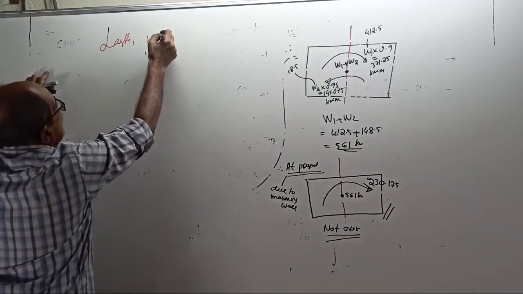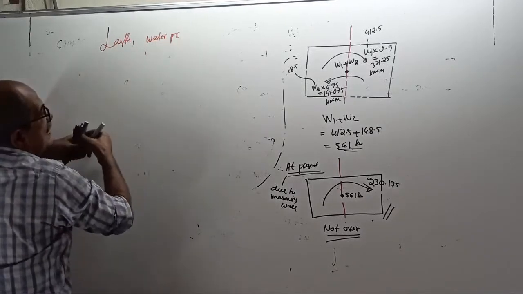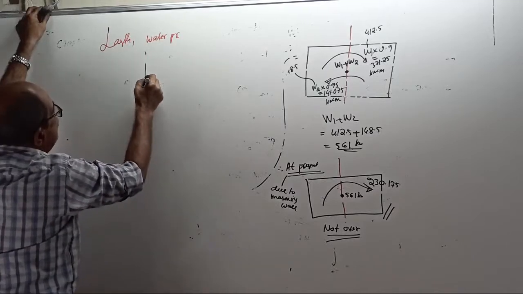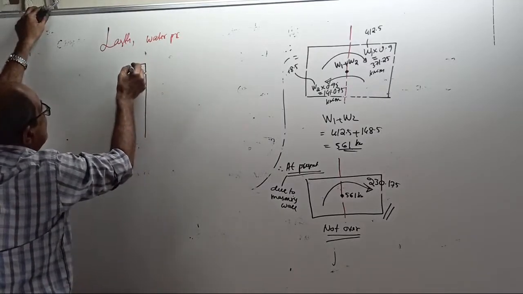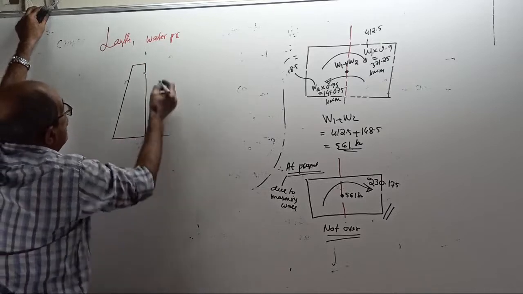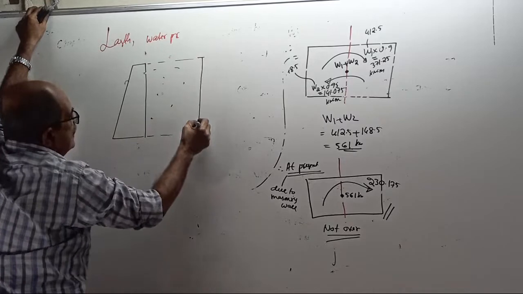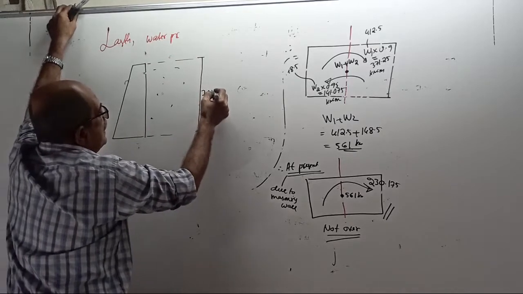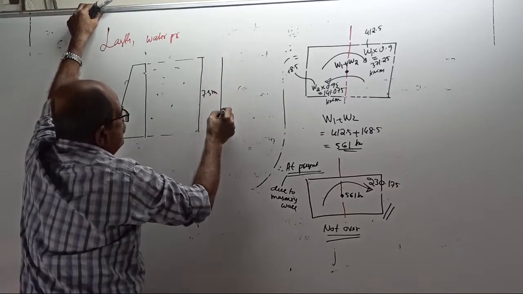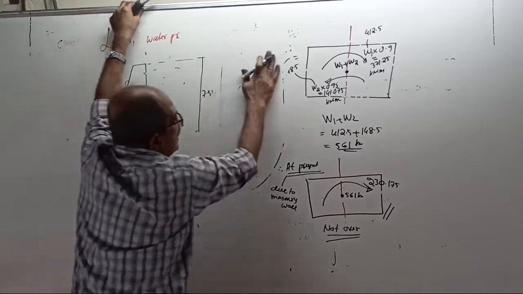Now, lastly, most important, water pressure. Remember, this is not a fluid mechanics class. This is the wall. This is water. Height is 7.5 meter. Water pressure will come this way. Now, I will put here.